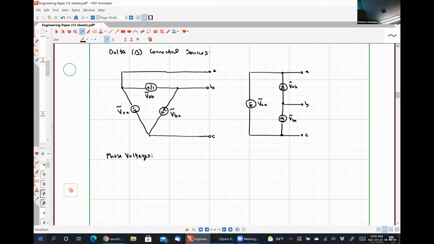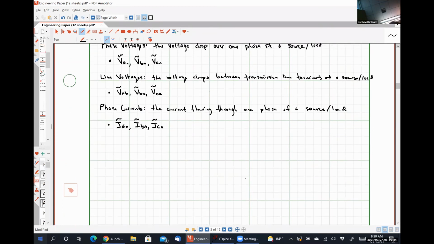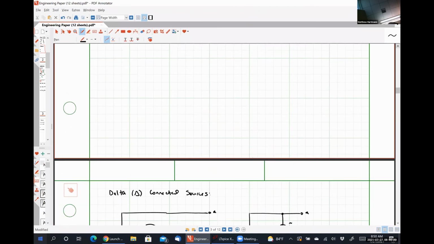So I'm going to attempt to make you guys actually participate here. Who can tell me, based on our drawings, what the phase voltages for this system are? Would there not be any since there's no neutral terminal? So if we go back to the definition of a phase voltage, it is the voltage drop over one phase of a source or load.